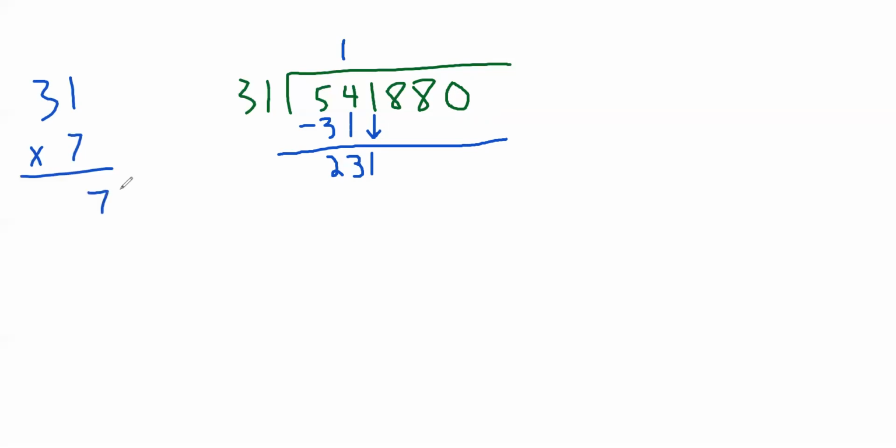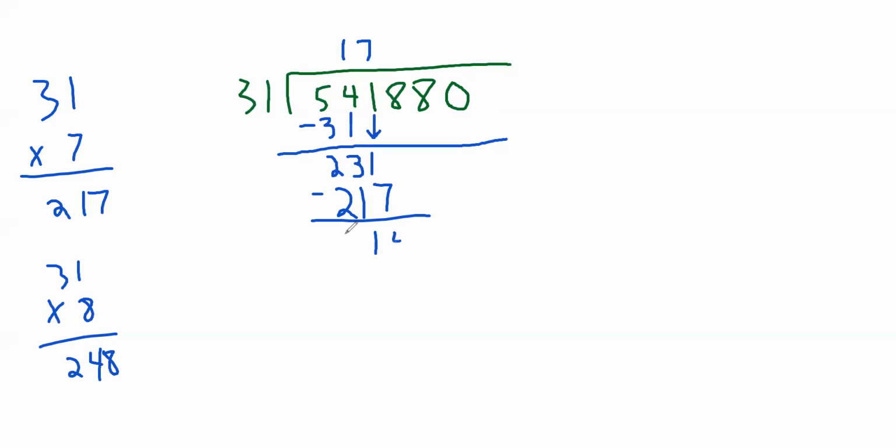Yeah. Try it out. You get 217. If I go to the next level, that's too far. That's going over 231. So it's going to go in 7 times. Do minus 217. You end up with 14, it looks like.